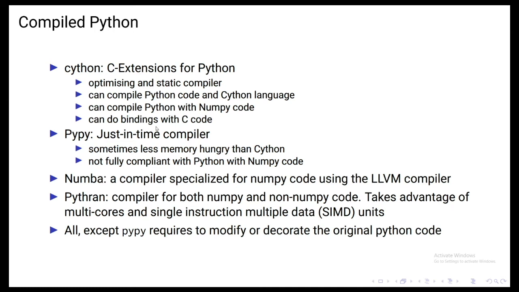It can do bindings to C code or C++ also, so if there's already a library that you're interested in using from your Python code, you can wrap it as we saw in the Fibonacci example, so it can provide bindings from pure Python code to pure C libraries.